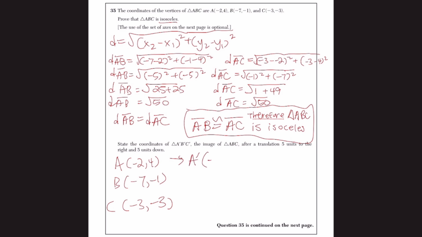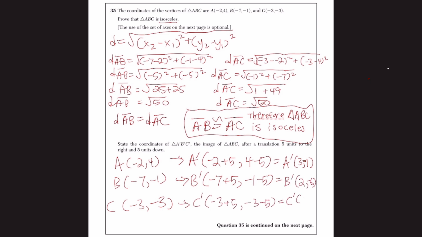So we just do -2, 5 units to the right is going to be +5, and 5 units down would be the y value -5. And then you're going to get the coordinates (3, -1). And then we just do the same thing for B and C. We do +5, and then we do -5. Okay, so you should get those 3 coordinates for triangle A prime, B prime, C prime.